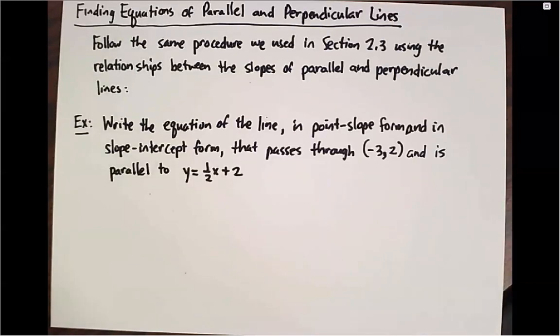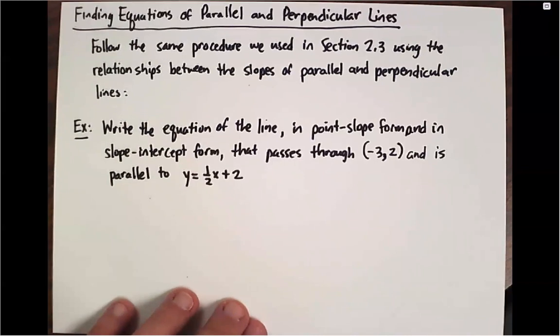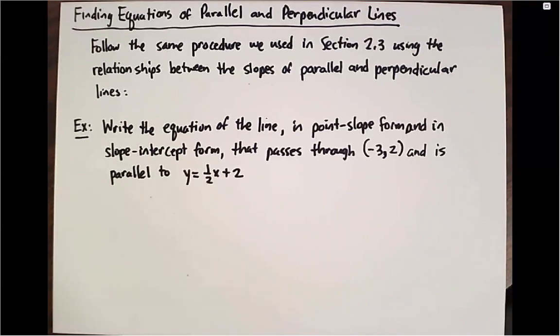All right. So the other thing we want to do in this section is to find the equation of a line that is parallel to another line that passes through a point, or a line that is perpendicular to another line that passes through a point. They'll give you the point, and they will give you an equation of a line that is parallel or perpendicular to.